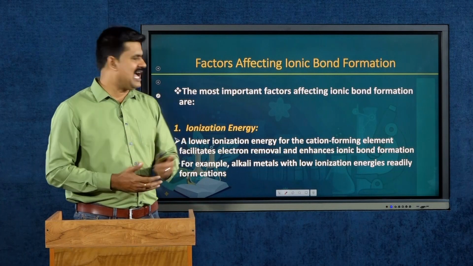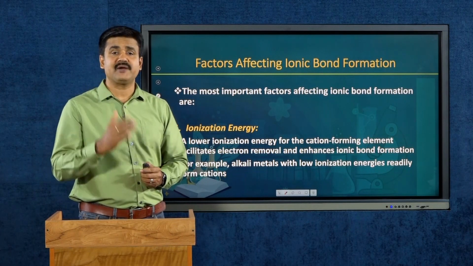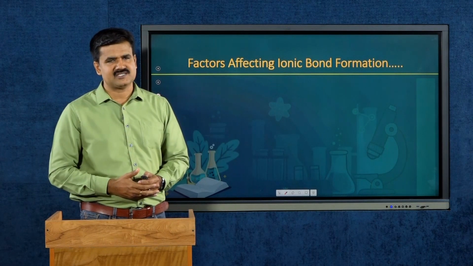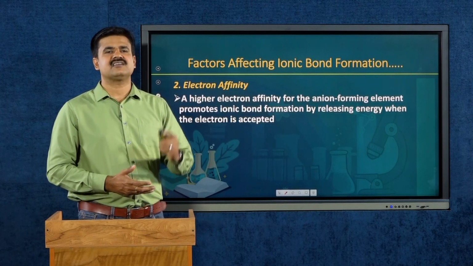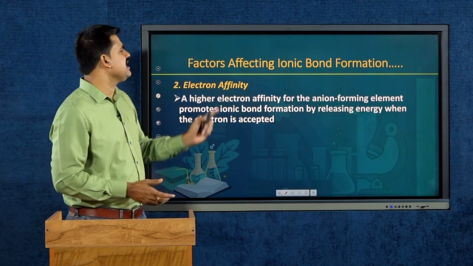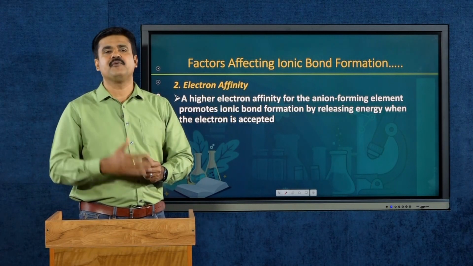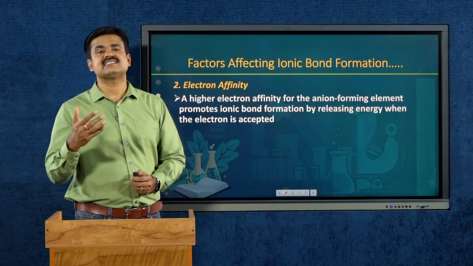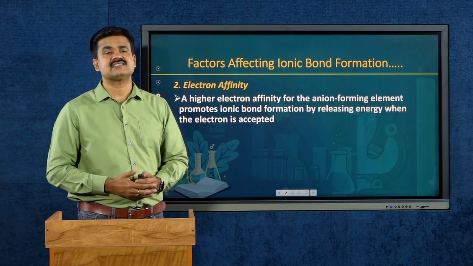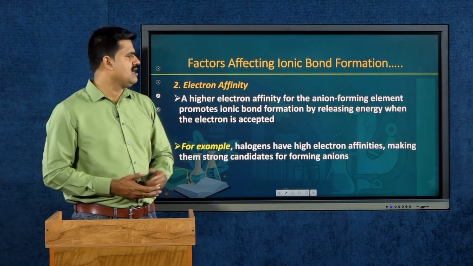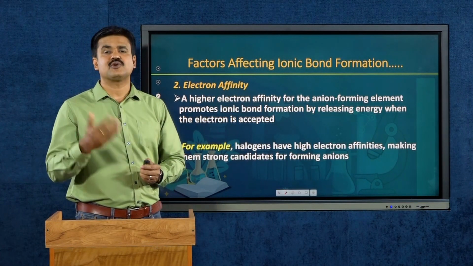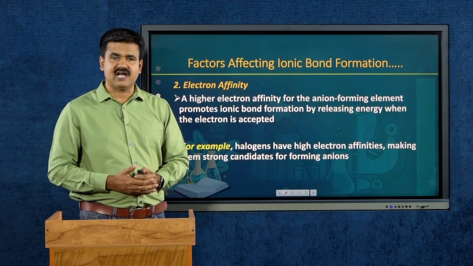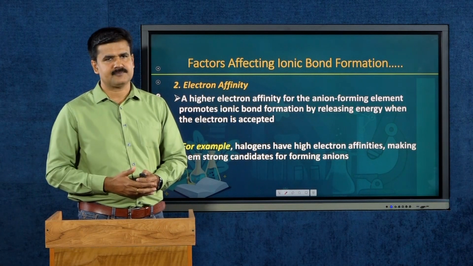For example, alkali metals are associated with low ionization enthalpy, or ionization energy. They can readily form cations. The second factor is electron affinity. A higher electron affinity of the anion forming element promotes ionic bond formation by releasing energy when an electron is accepted. For example, halogens have high electron affinity, making them strong candidates for the formation of anions and hence ionic bonds.